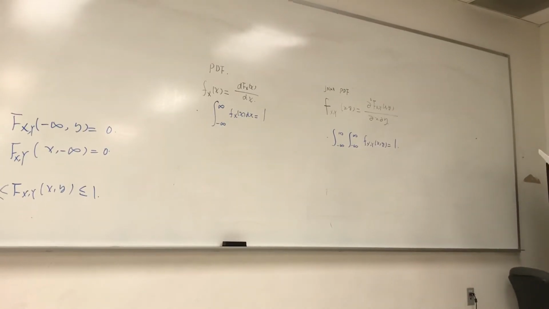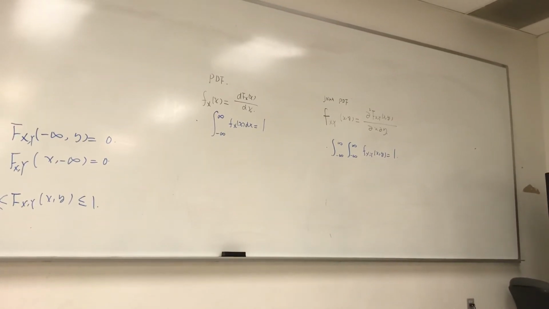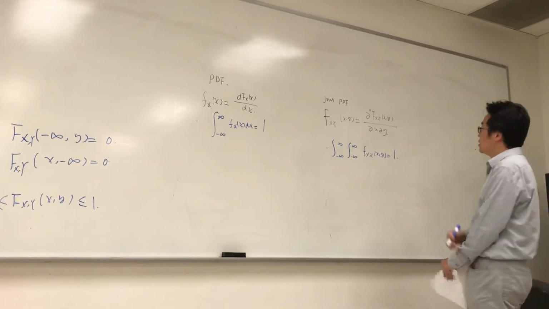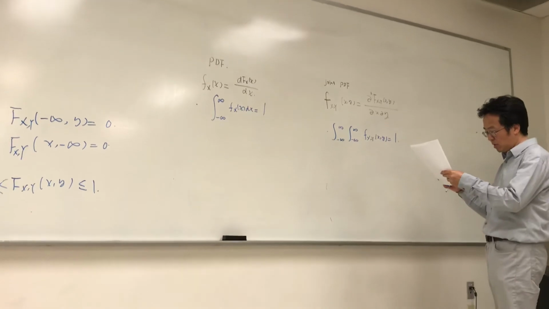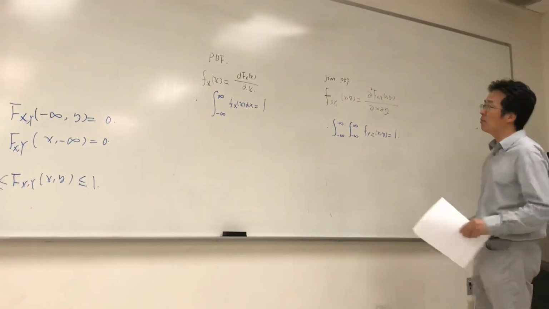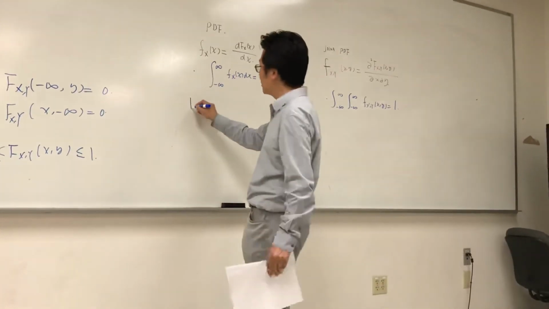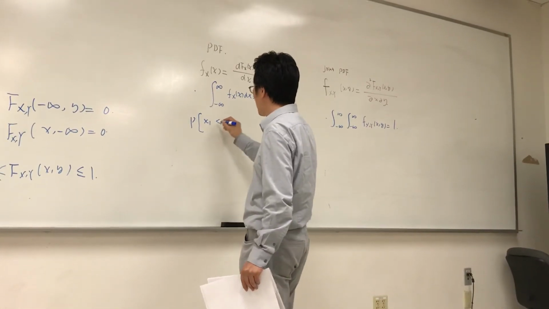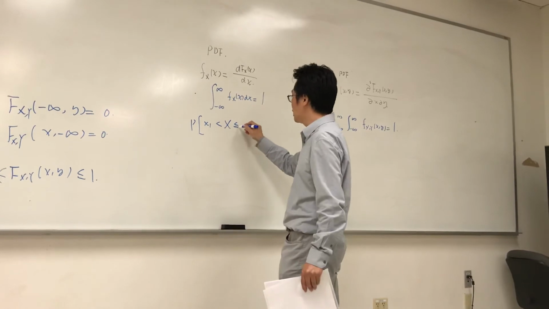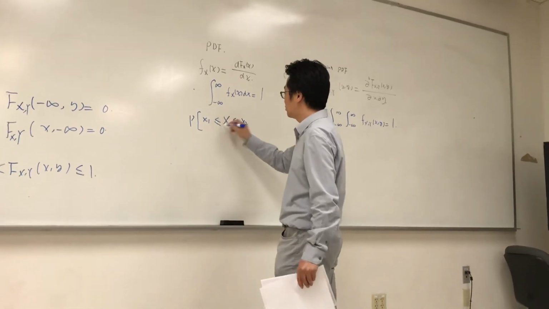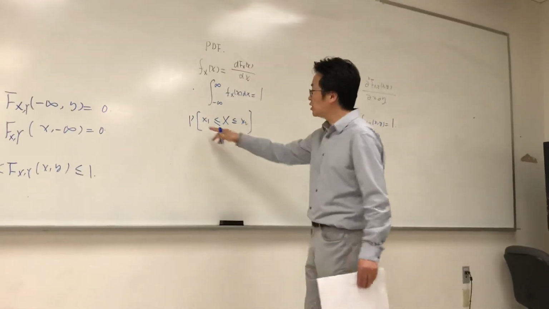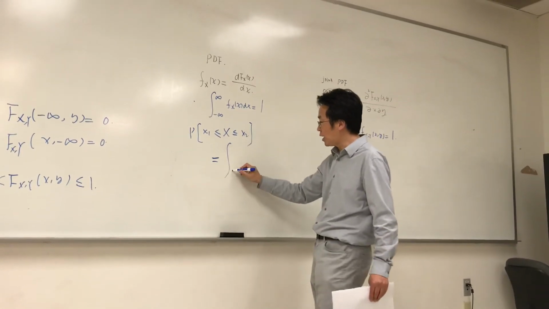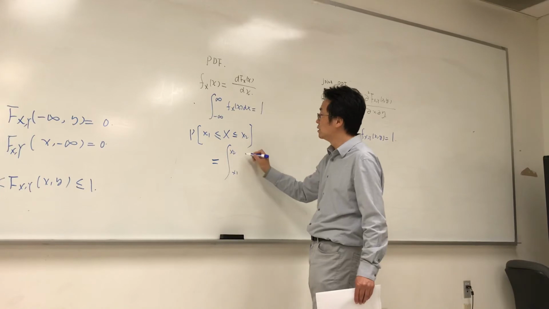That's how we can summarize this property. Also remember, to determine a probability like this, it doesn't matter whether with the equal sign or without. Let's use the equal sign here. If we want to determine this probability, then we can evaluate the integral from x1 to x2, right?